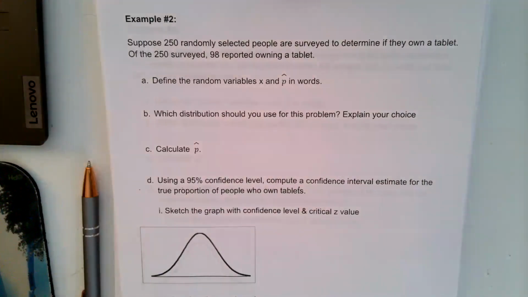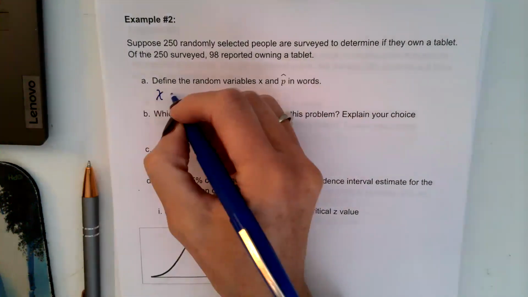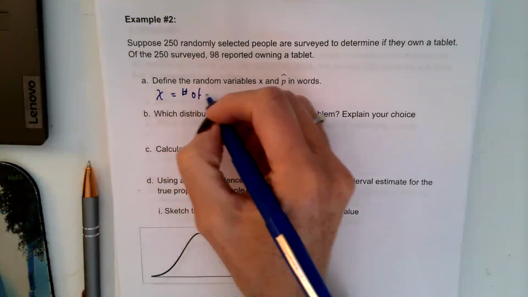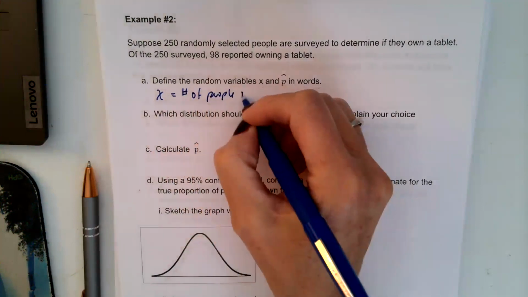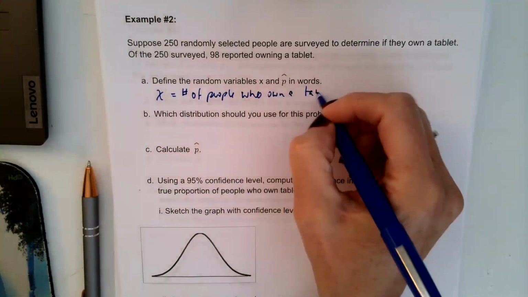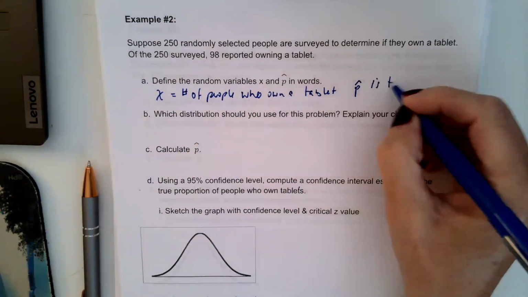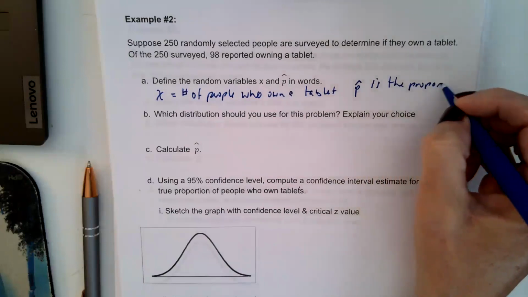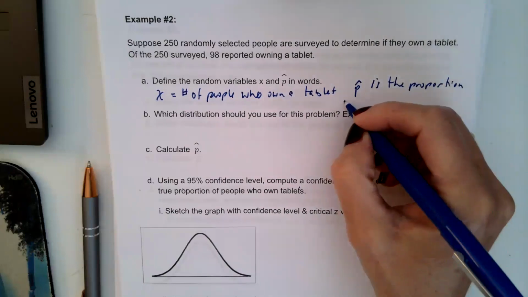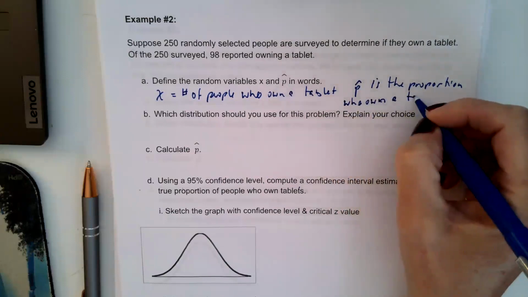Suppose 250 randomly selected people are surveyed to determine if they own a tablet. Of the 250 surveyed, 98 reported owning a tablet. So let's define X and P hat. X is the number of people who own a tablet, and P hat is the proportion who own a tablet.